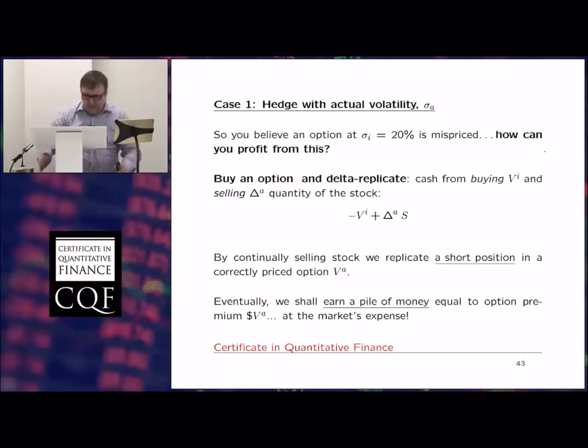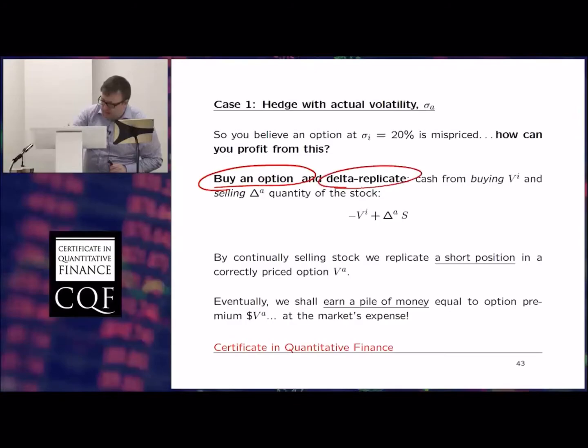We are making it by replicating. If we were delta hedging a call, we would be holding a stock. But because we bought a call, we're not hedging, we're replicating against it, so we are selling a stock. That's the only difference. So we buy an option, and we delta replicate.